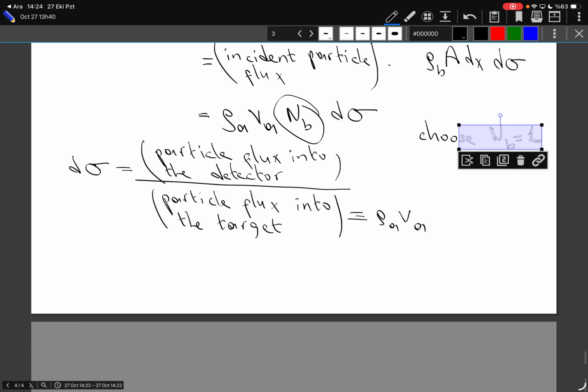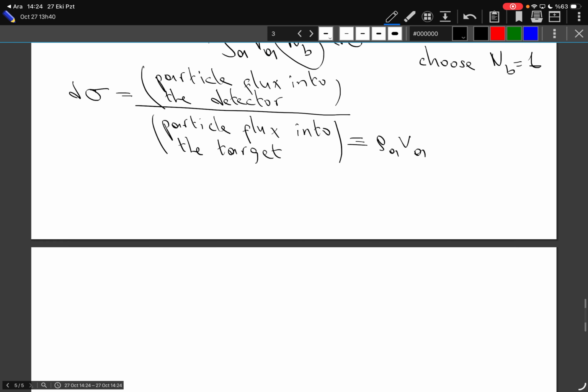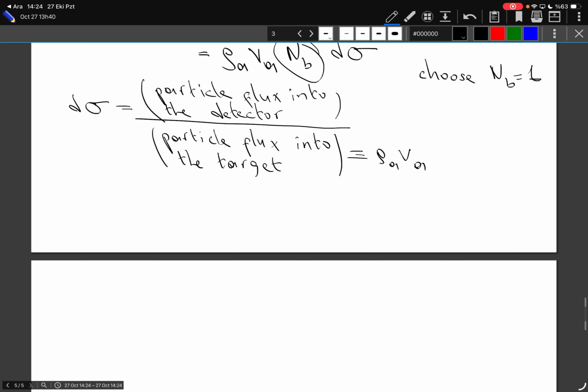Now, the nice thing is I can now make sense out of this expression because I know how to calculate flux even for a wave function. So that will be our purpose. You see, we had calculated the density before. I don't remember the coefficient now.